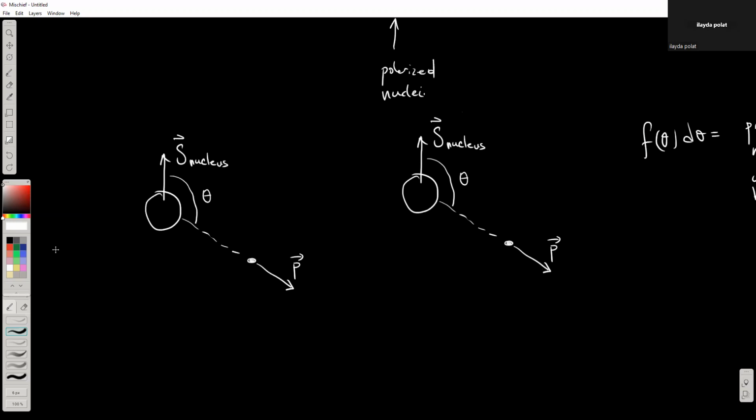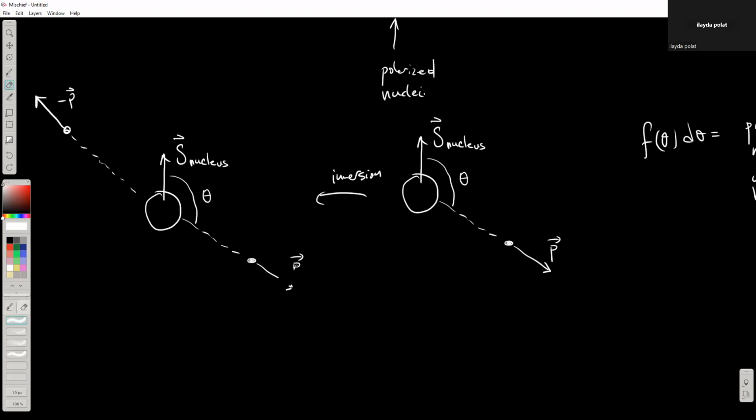Just look at the inversion symmetric process in here, just inverting here. Under inversion, the spin is going to remain the same, so that's not going to change sign, but the momentum is going to change sign. Therefore, this neutron is actually leaving along this direction with a momentum of minus p.